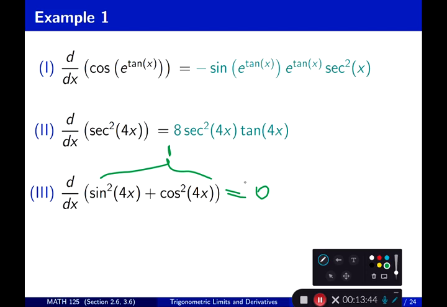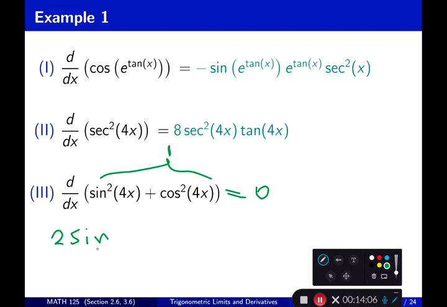Could I have done it through chain rule? Yes, even though it's lengthier work and really not needed, you could have done the chain rule. Remember, sine squared 4x, very outside function to power 2.